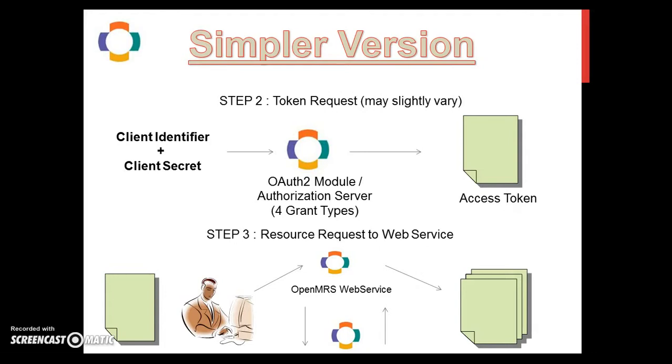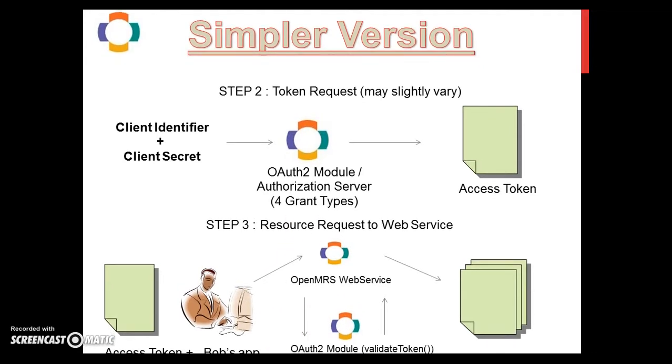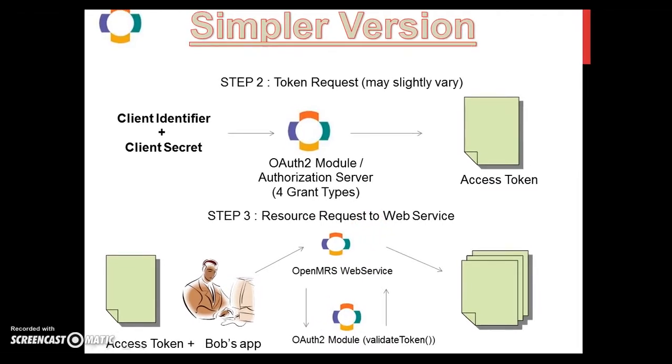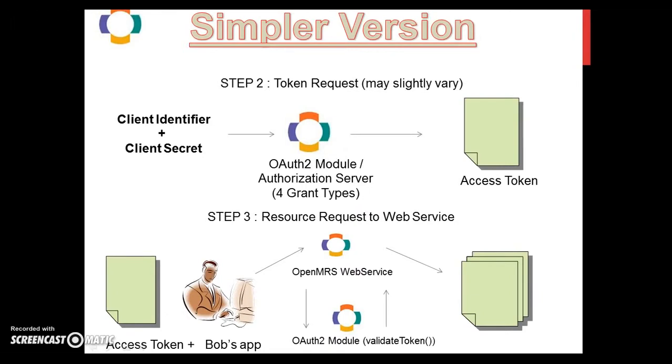Now once Bob has an access token, he will make a request to any of the web services APIs. Bob's app will make a request to the web services API, which would use a filter and forward the request to the OAuth2 module, which has a validate token method that will validate the token and verify if it belongs to Bob.